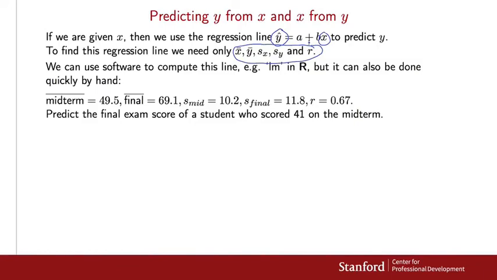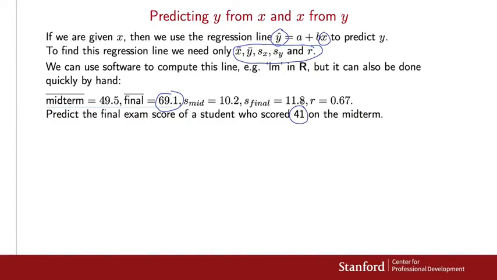Remember, if we didn't have that information about the midterm score, then the best predictor for the final would simply be the average of 69.1. But regression gives us a tool to come up with a better predictor by incorporating the additional information that the student scored 41 on the midterm.